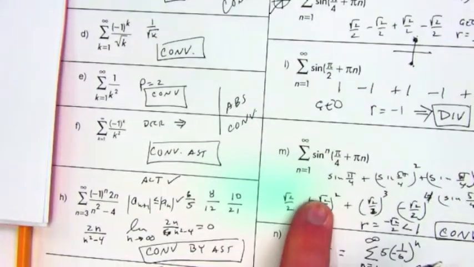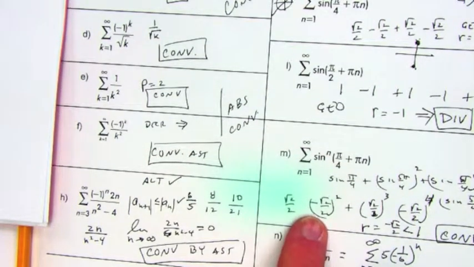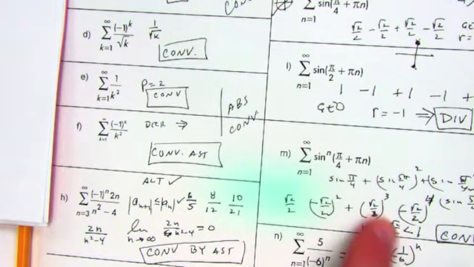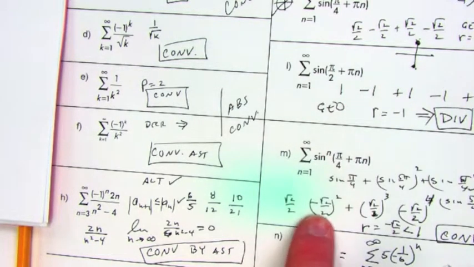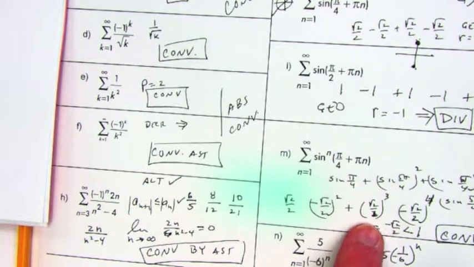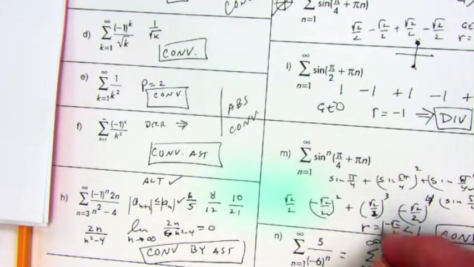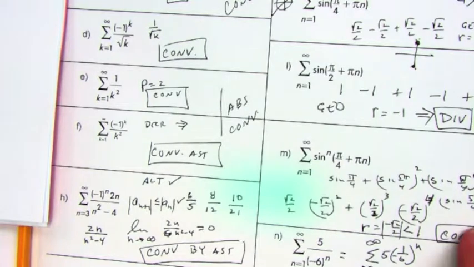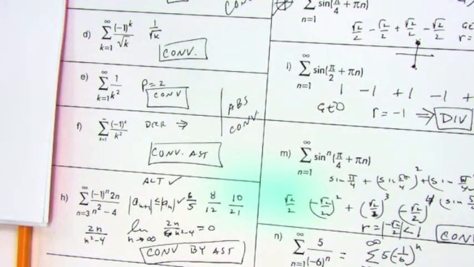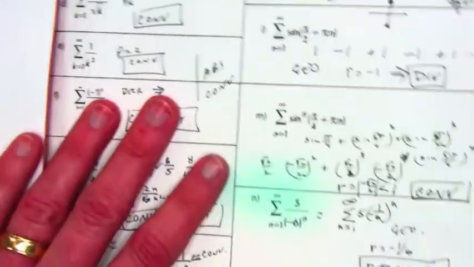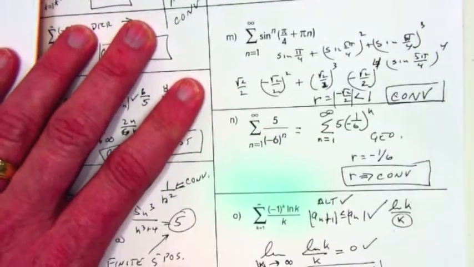The minute I put a power on this, r is not just -1; since you're squaring it, you're actually multiplying by -√2 over 2, whose absolute value is less than 1, so it converges. This one, if I rewrite it, is geometric, so it converges.